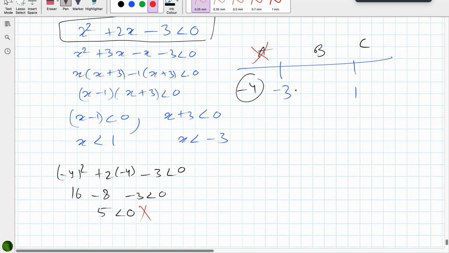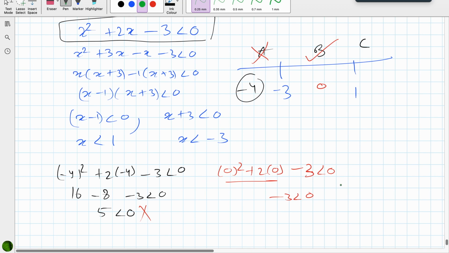Region B, between minus 3 and 1, I am selecting the value 0. Using the same equation, 0 squared plus 2 into 0 minus 3 is less than 0. These both are zeros, so minus 3 is less than 0. Region B is correct.